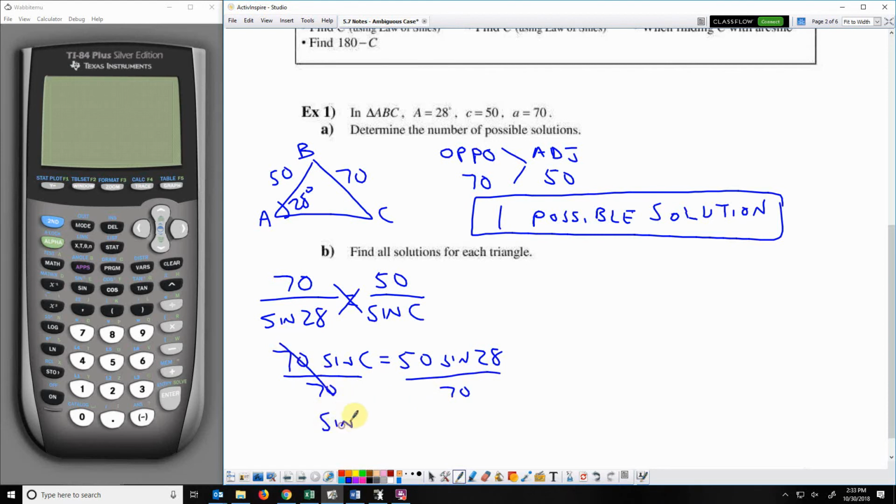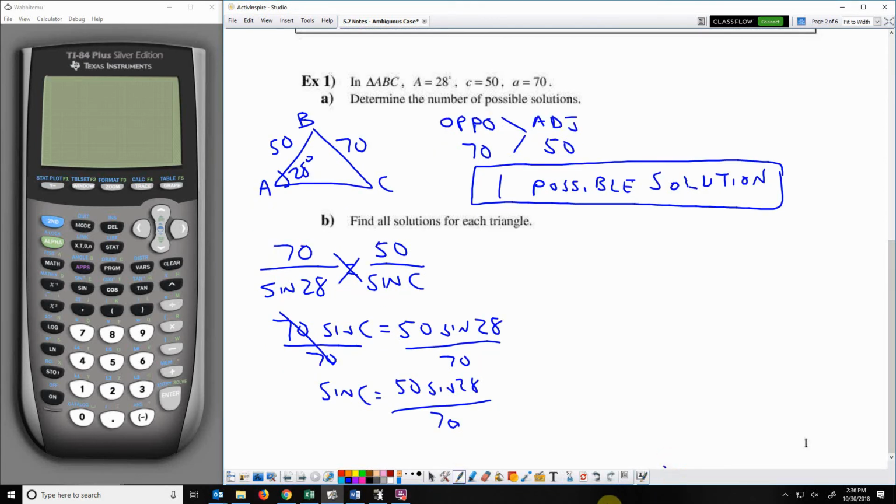So I get sine C equals 50 sine 28 over 70. So to solve for C, I have to do the inverse, or arc sine. So it's arc sine 50 sine 28 over 70.